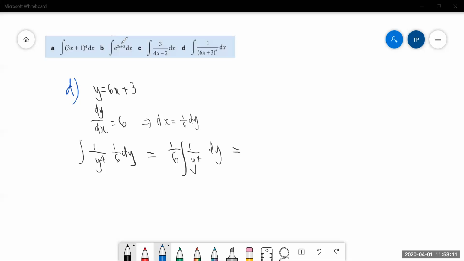Okay, so I can't do ln y. You can't do ln because the power is not 1. You can only do ln if the power is 1. Understand? So there's nothing I can do with this? You've got to change this into index form: y to the -4, and then you add 1, y to the -3 over -3.